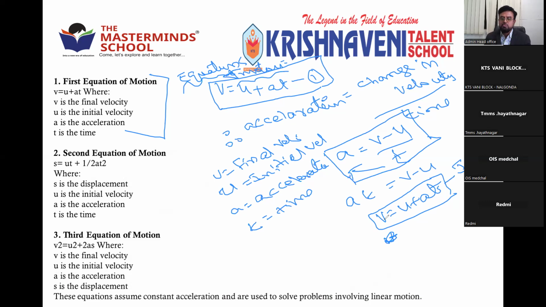V is final velocity, U is initial velocity, A is acceleration, and T is the time taken. Note this. These are very, very important equations, helpful for you to solve so many problems and find unknown values. You can find acceleration, velocity, time, displacement, anything by using these 3 equations of motion.